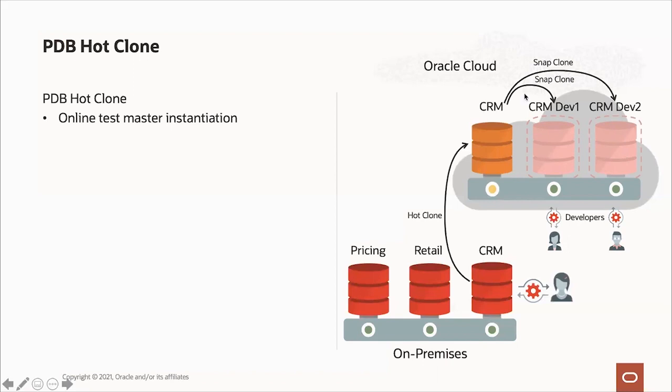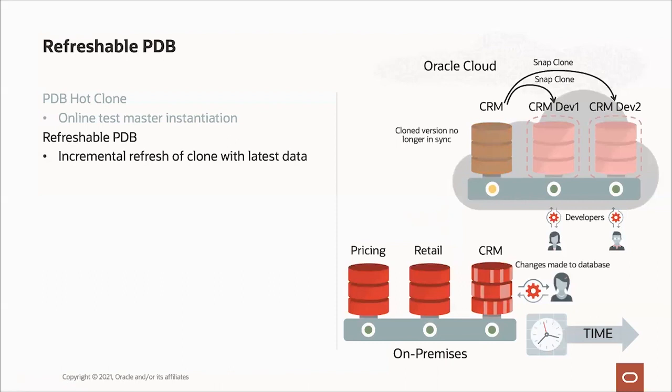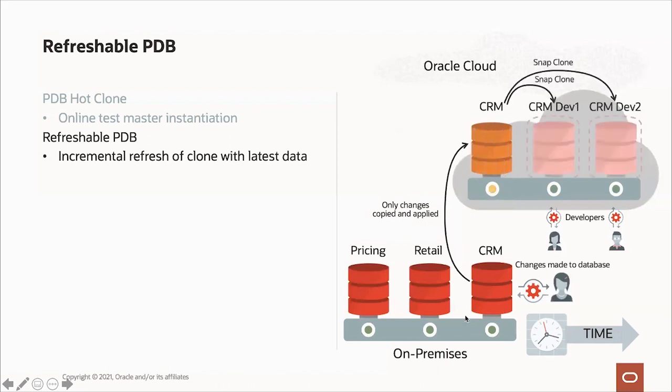Now, the problem with this sort of setup is that this environment will tend to go stale over time. But have no fear. You have the ability to create what we call a refreshable clone. So the best practice here is to keep these development copies of production as a refreshable clone, so that you take your initial clone and then you can top it up repeatedly with the incremental transactions that have happened since last time.